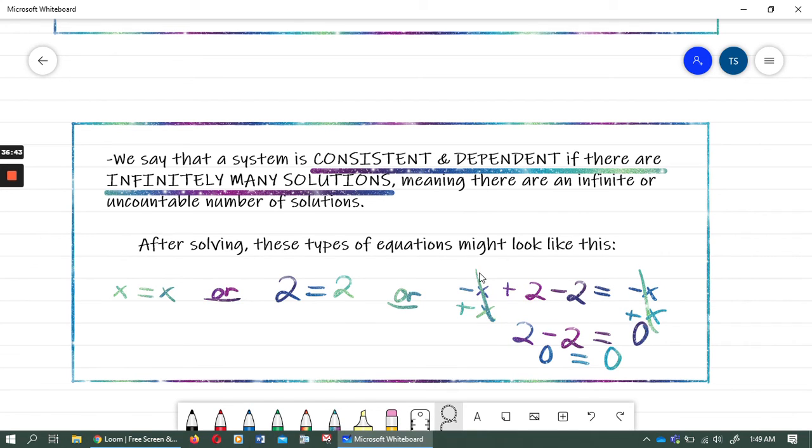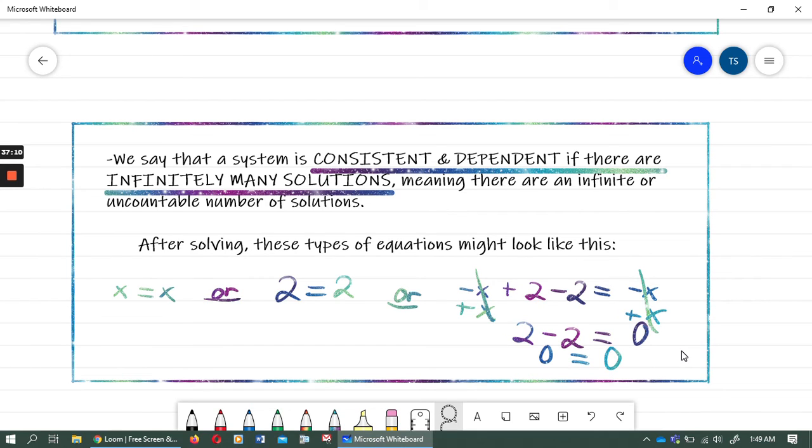Our x's would cancel out on both sides. We would still have 2 minus 2 on the left side, and on the right side that would leave us with 0. Well, 2 minus 2 is equal to 0. So this equation would end up looking something like 0 equals 0.